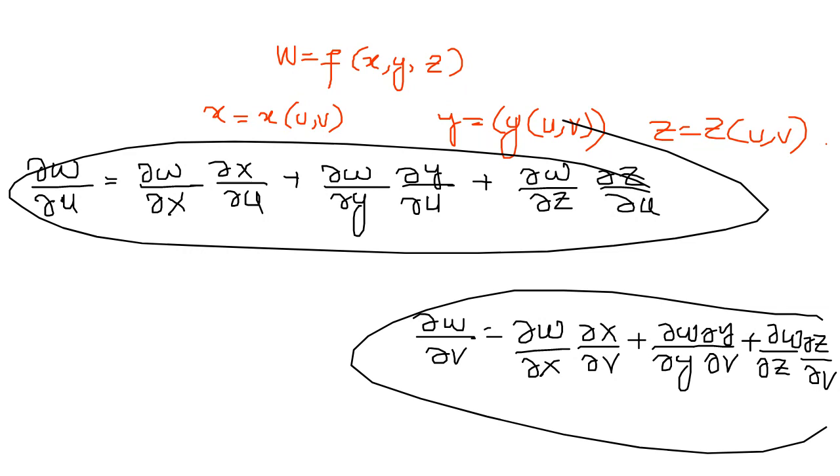Now I will give you an example, so that it will be clear how you can find the partial derivatives by using the chain rule. Now this is the example.